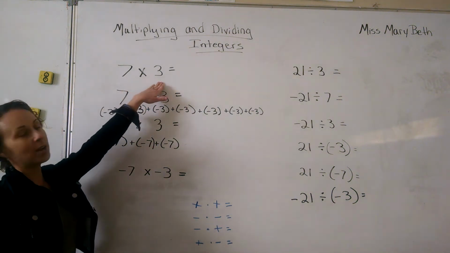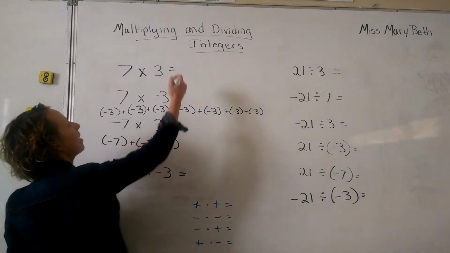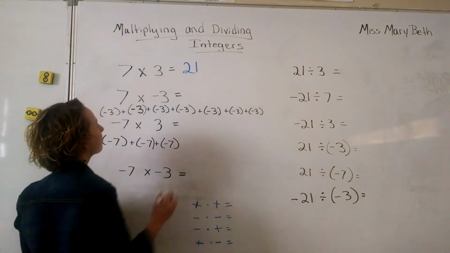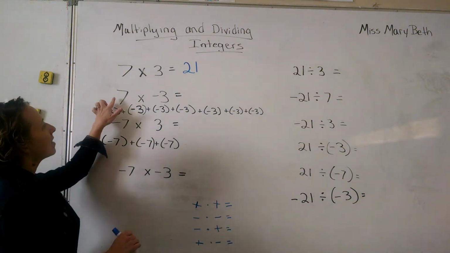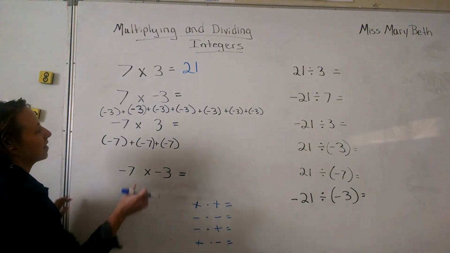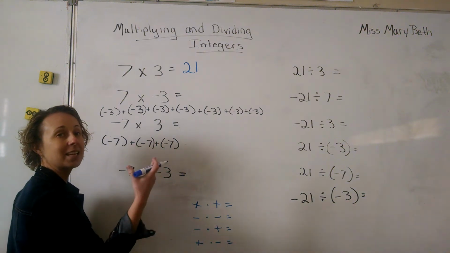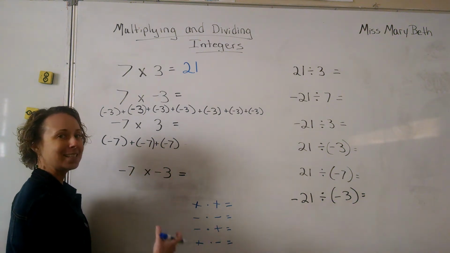7 times 3. That's positive 7 times positive 3. You already know that. That is, of course, 21. Okay? 7 times negative 3. A way to think about this is to think back to what we know about multiplication, that it is in fact repeated addition.